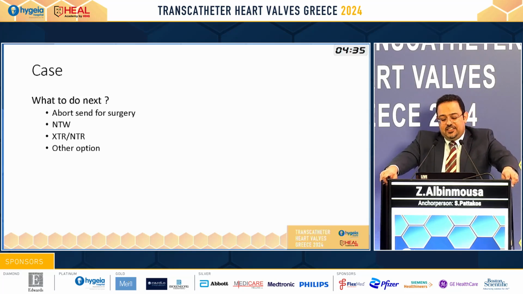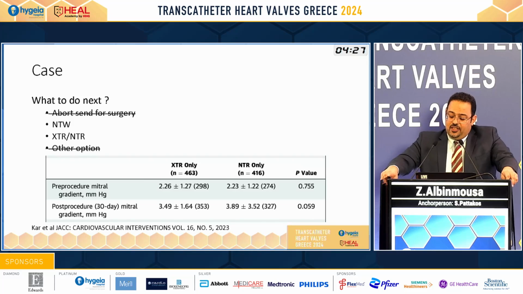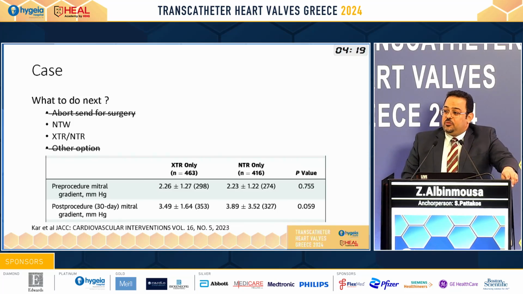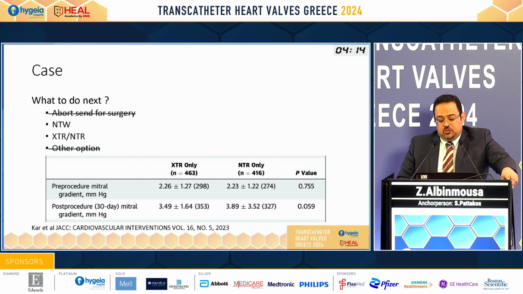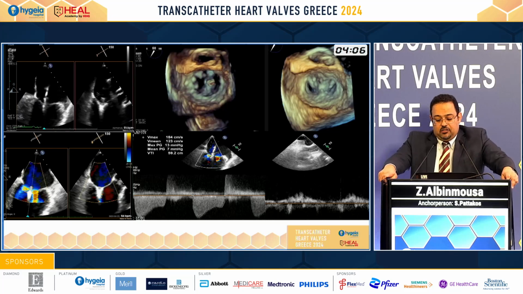We remained with NTW, NTR, XTR. From the EXPANDED registry, we know that there is no difference between XTR and NTR in the mean gradient. So we thought the same, that using NTW would not change the outcome, so we remained with XTR and NTR. Unfortunately, NTR was not available in the room, so we used the XTR.